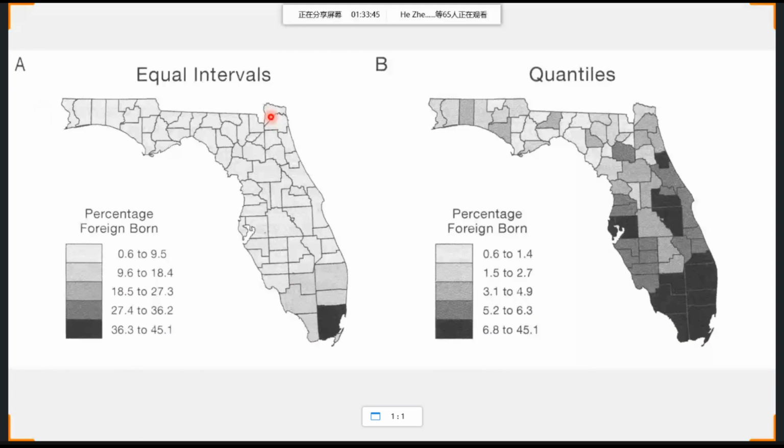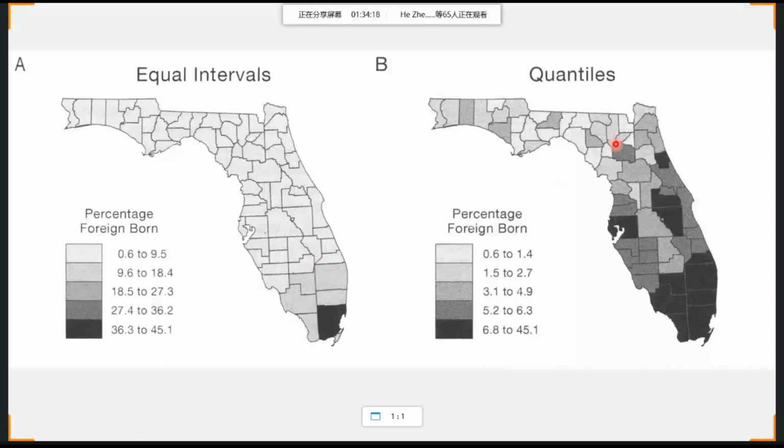It's a bit boring. So many of the counties are in the same class. There's no differentiation. If there is no differentiation in the map, it's difficult to analyze this data. What can you analyze here about the spatial distribution? You can just say, okay, it seems it's higher towards the south end of Florida, but you cannot interpret any distribution differences within this huge area because they're all in the same class.